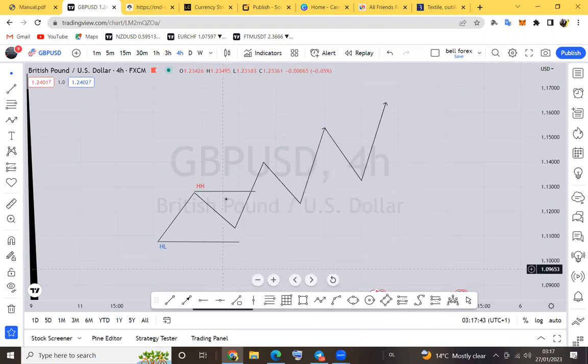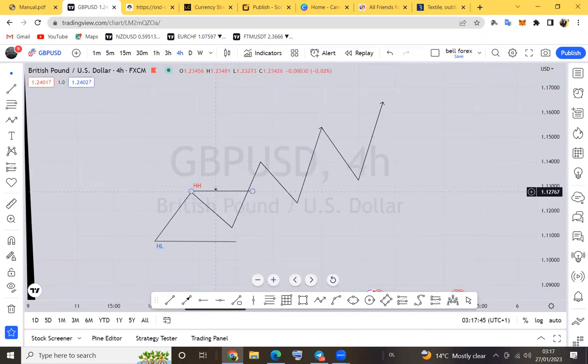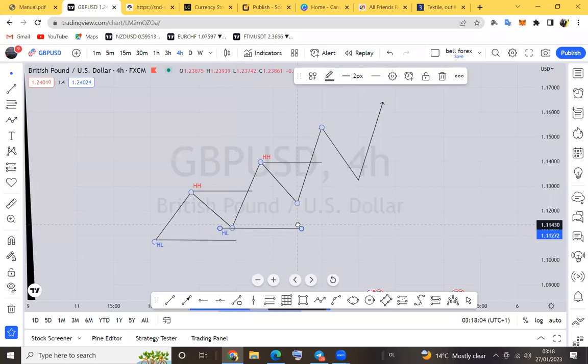So this is what we are telling you, that in an uptrend, this is what gets formed. A new higher high. For this uptrend to continue being formed, we need to continue seeing new higher highs being created. And we're always going to see higher lows created as well.